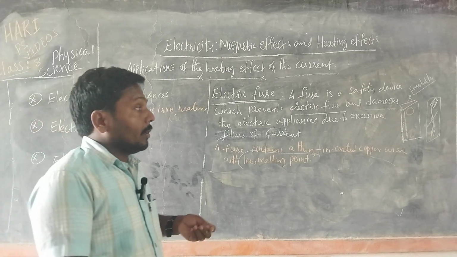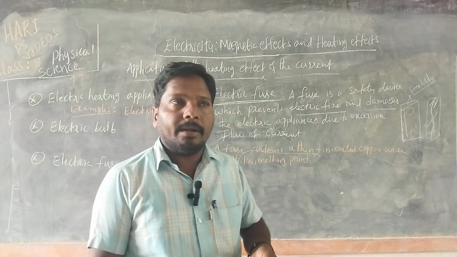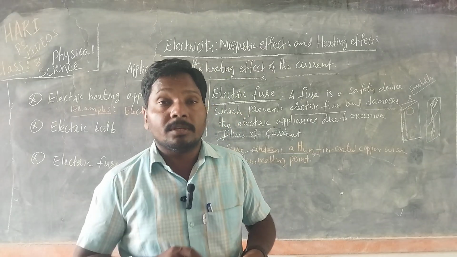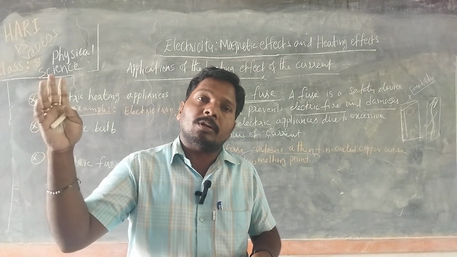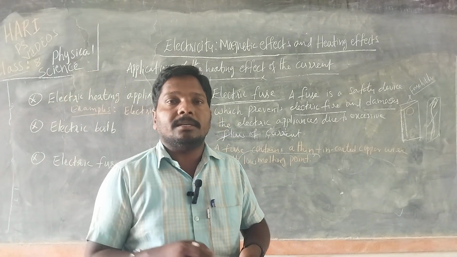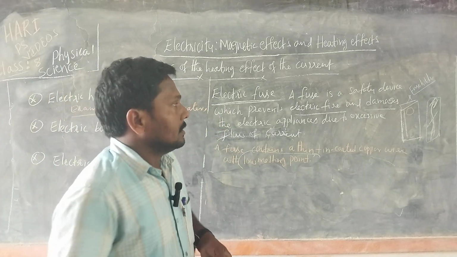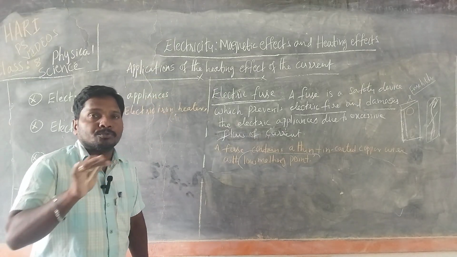The thick wire also has a high melting point, so it cannot break the circuit. Excess electric current is passed in the household circuit and damages the appliances and causes electric faults. That's why we should not use a thick fuse wire.